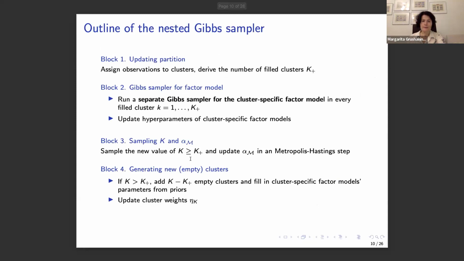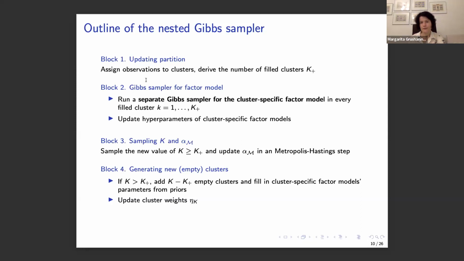So the inference can be done with a Gibbs sampler. The difference is that we have a kind of nested Gibbs sampler. In the first block, we update the partition. Then in the second block, for each filled cluster, we run a separate factor analytic model.